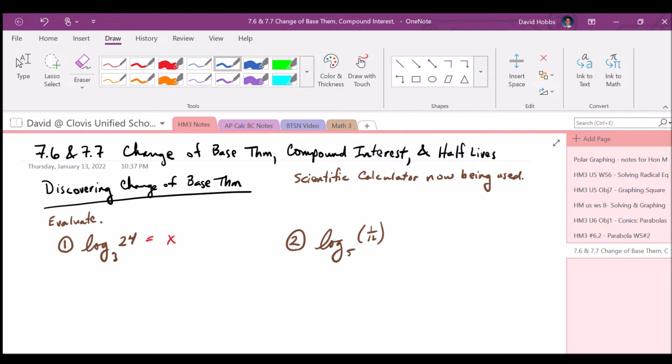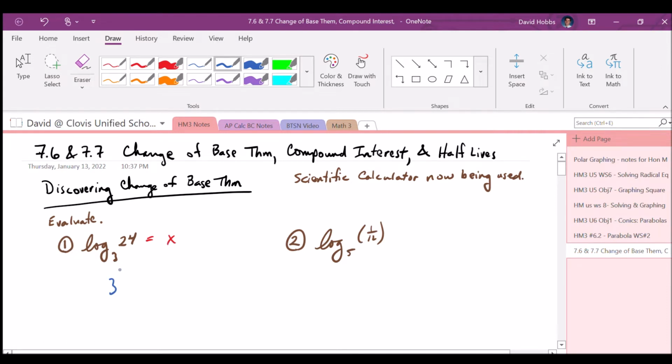Well, much like when we were doing this in the first half of the unit, when we had no scientific calculator at our disposal, we're going to use the definitional logarithm. So we're going to do the base 3 to the exponent on the other side of the equal sign.